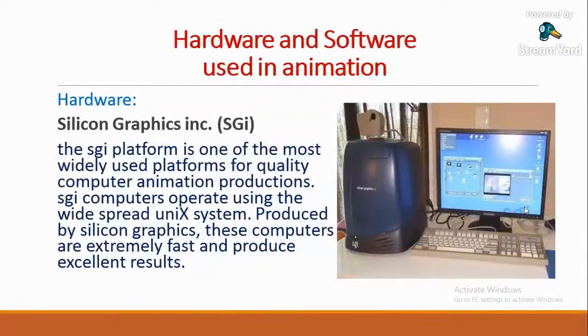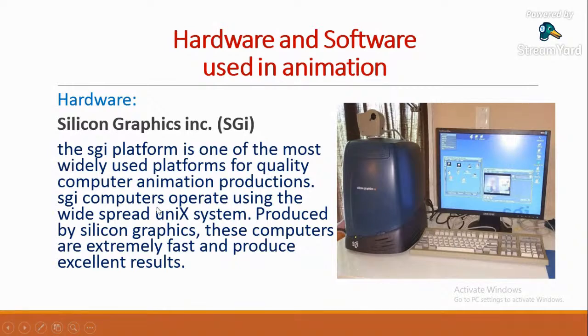Now we will learn about a few hardware and software used in animation. One very famous piece of hardware is SGI, or Silicon Graphics Incorporated. It is one of the good quality versions of hardware that were basically used with the Unix system.